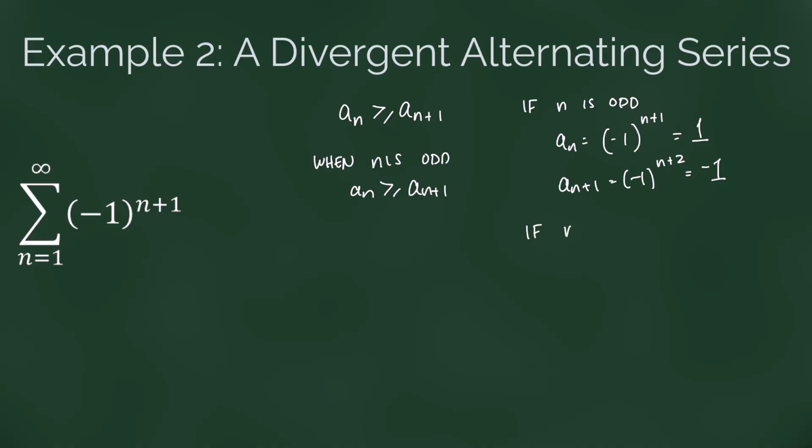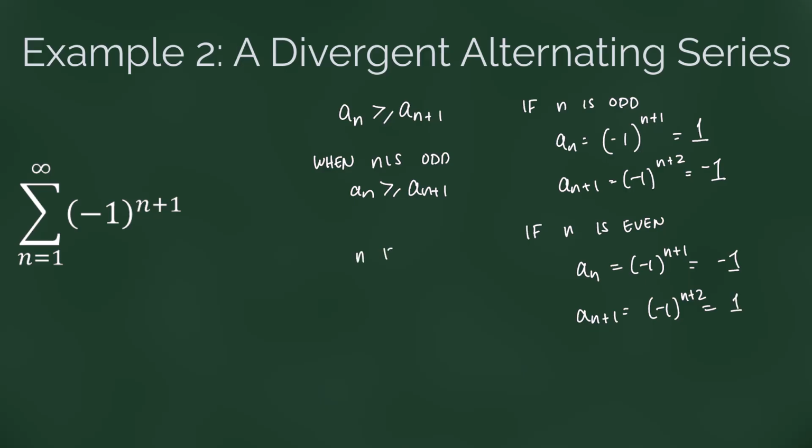However, if we consider the case when n is even, then a sub n is going to be negative 1 to the n plus 1, which is going to be an odd power, which is going to be negative 1. And a sub n plus 1 will be negative 1 to the n plus 2, which is now an even power, and that's positive 1.